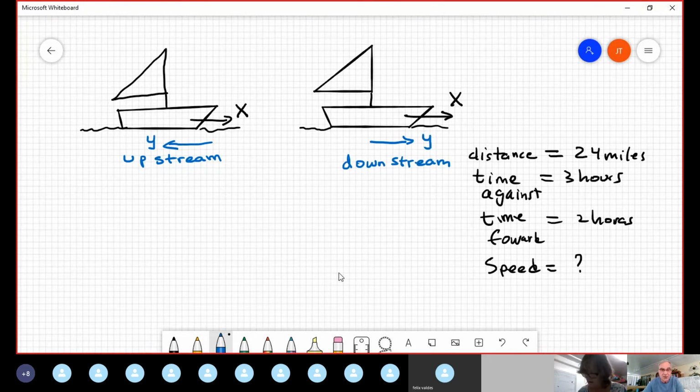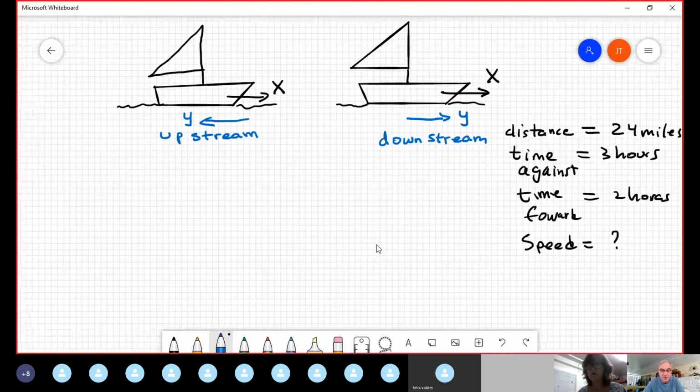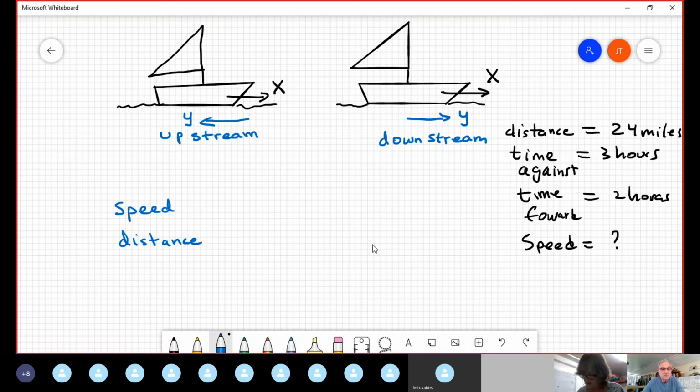Okay, let me summarize the quantities, and finally let me try to set up the equations. The quantities that we manipulate are speed, distance, and time. And you have two situations: situation up, like this, and situation down, like this.